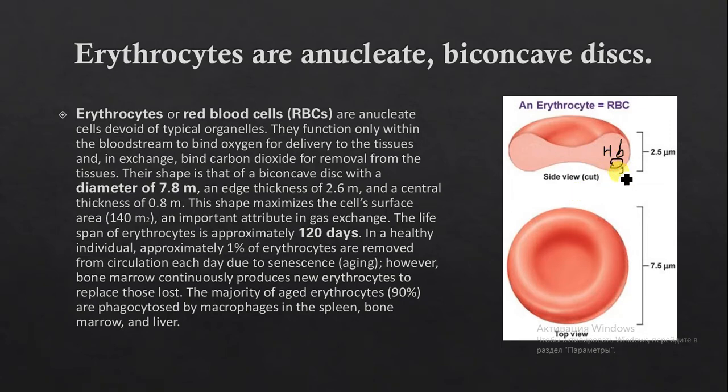So one hemoglobin molecule can bind 4 oxygen molecules. And the larger the surface area of this RBC, the more oxygen can be absorbed. Another point: the size of an erythrocyte is 7.5 micrometers.